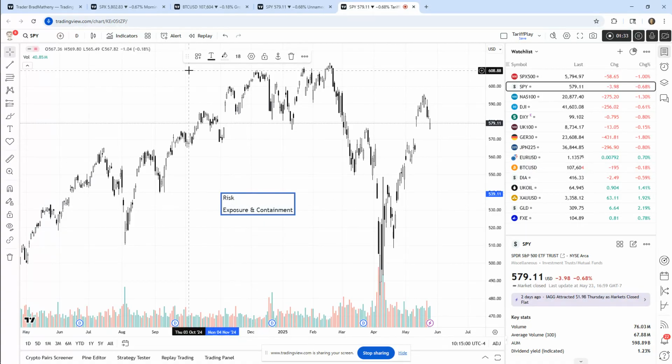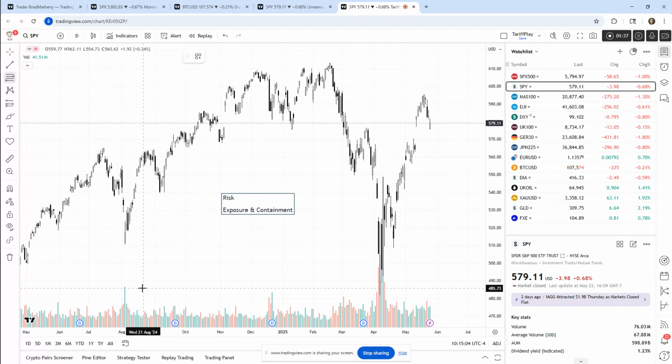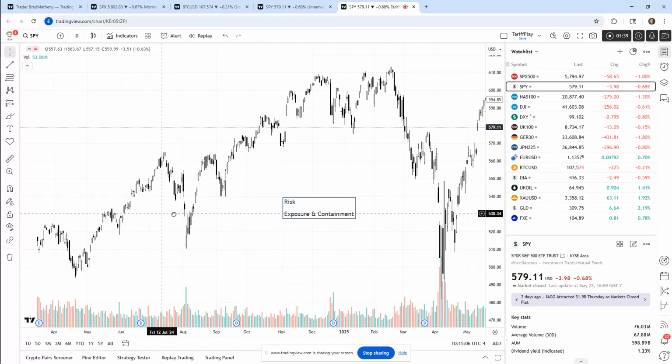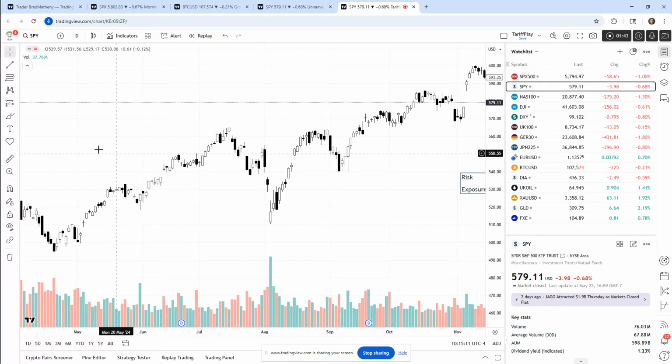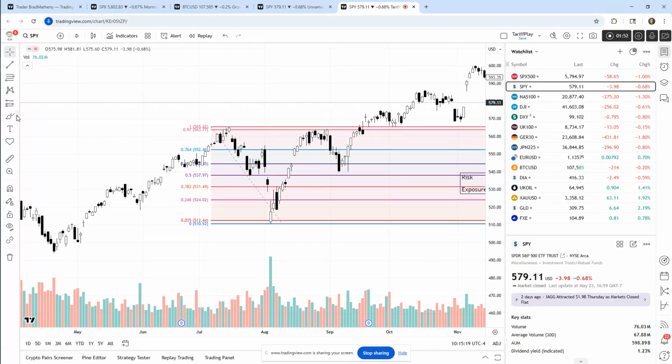So something I'm going to try to explain to you is Fibonacci. So let's just take a look at this example here. Okay. We have an example here of a pullback coming down from here to here. Now, I've taught you before, and I continue to highlight the fact that we have this 382 to 618 level.